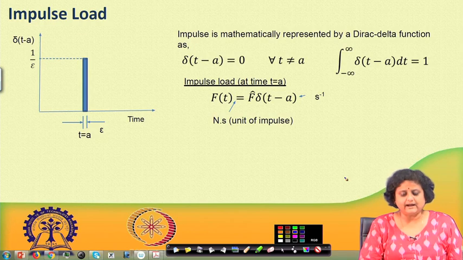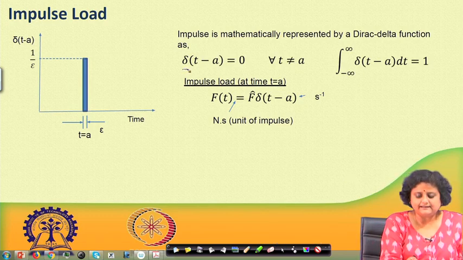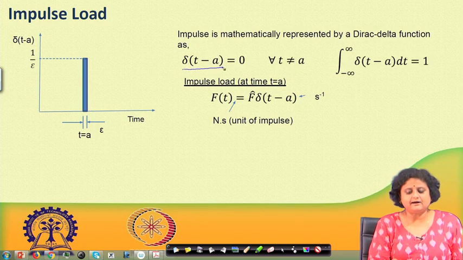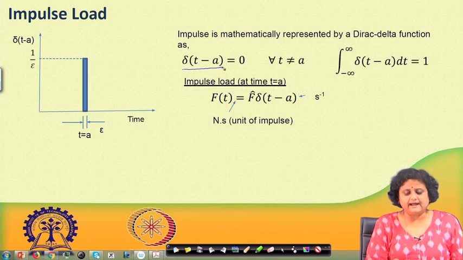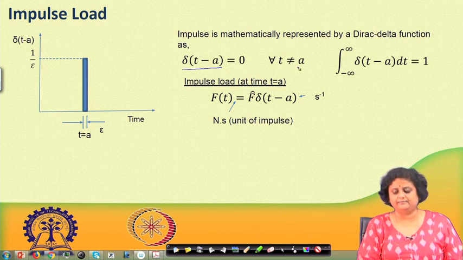We know that the Dirac delta function is a function which is 0 everywhere except at a certain point a. We say that delta(t minus a) is a Dirac delta function at a, such that it is 0 for all t not equal to a.